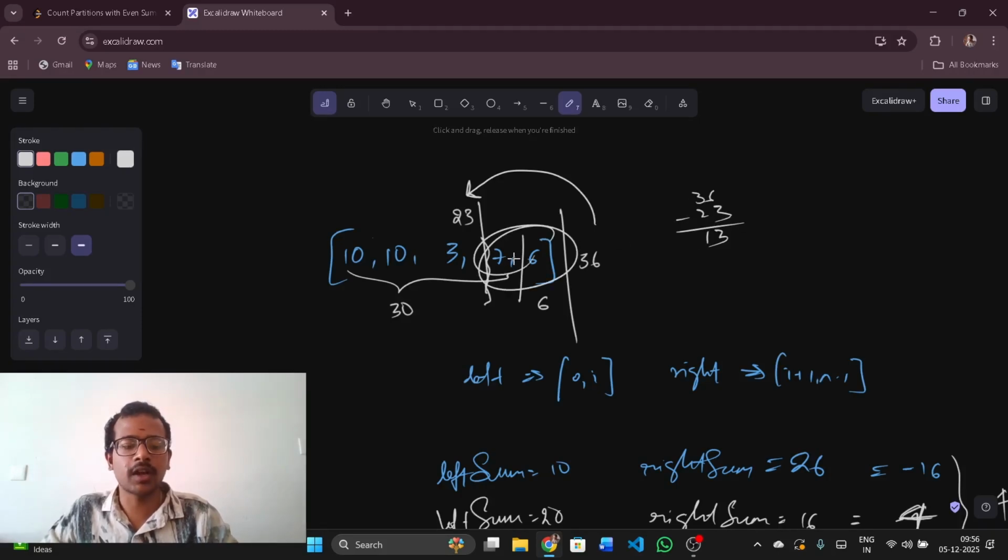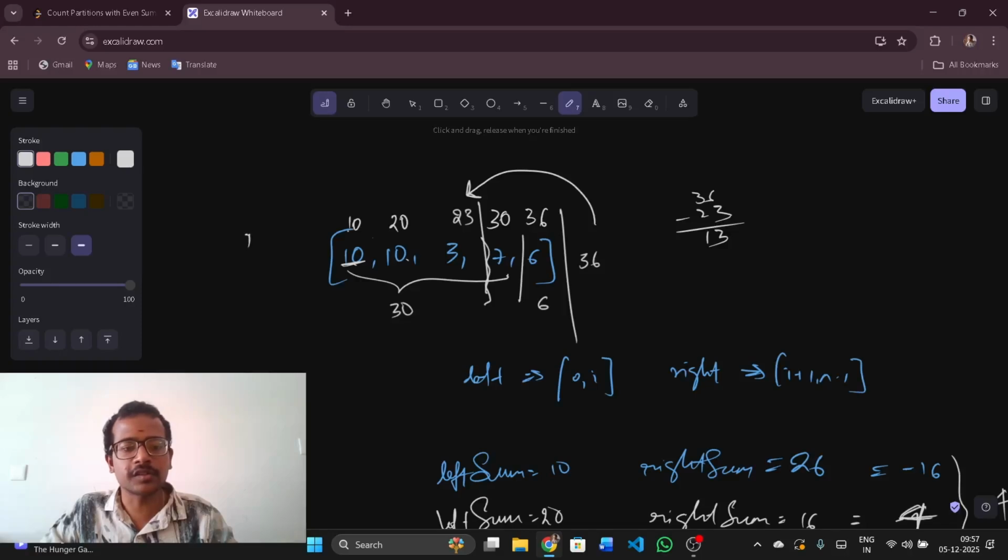What if I just remove this 3, then I would get 20. What if I remove this 10, then I would get 10. Now 10 plus 10, I am storing in another array, 20, and 20 plus 3 is 23, 23 plus 7 is 30, and 30 plus 6 is 36.